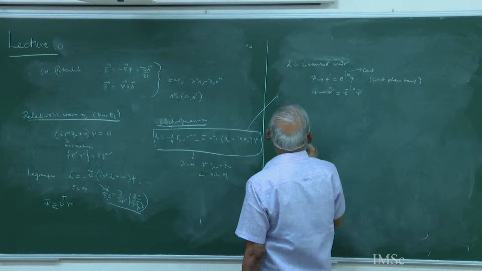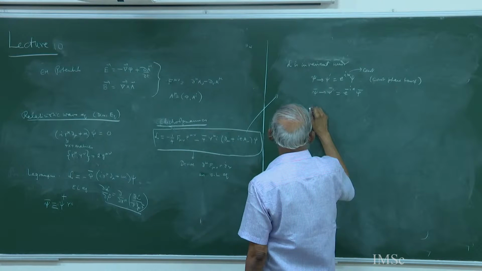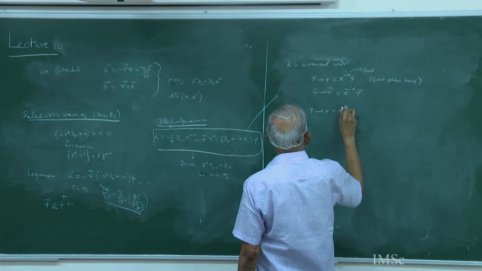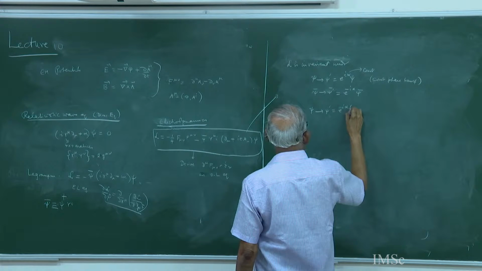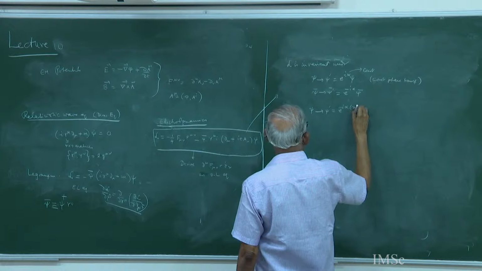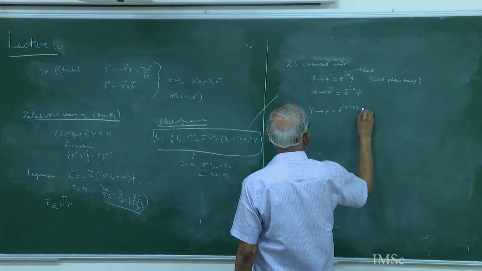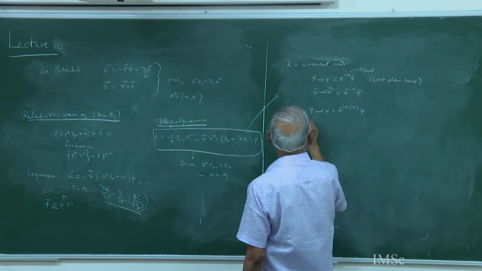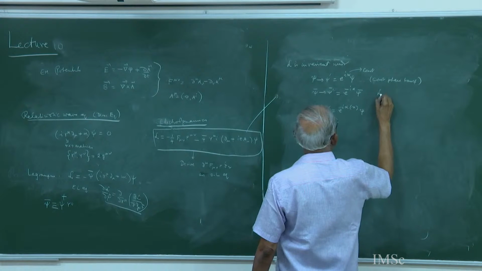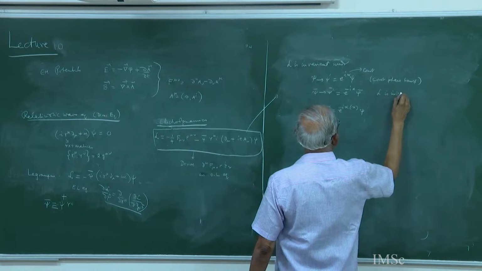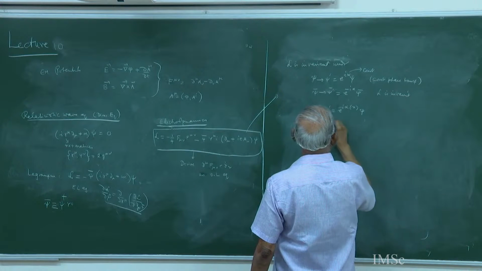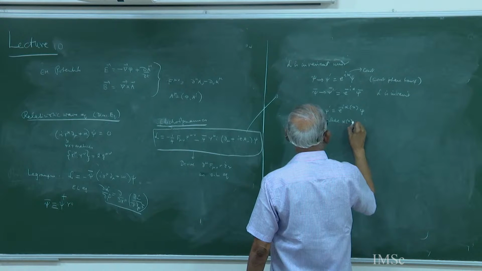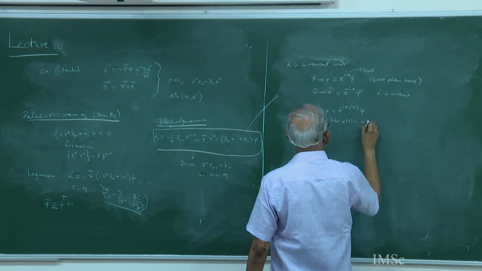But now to make it into a gauge transformation, consider psi going to psi prime equal to e power i alpha of x, where x means x mu, all the components. Under this also it is invariant, where alpha of x is x dependent.